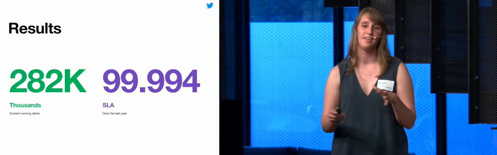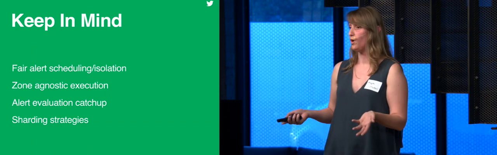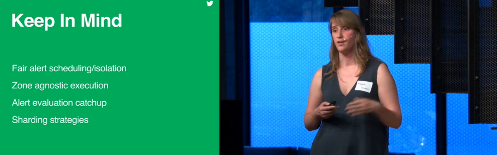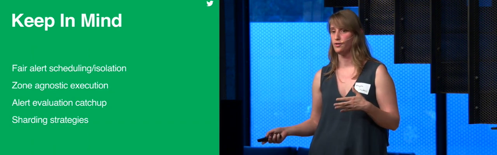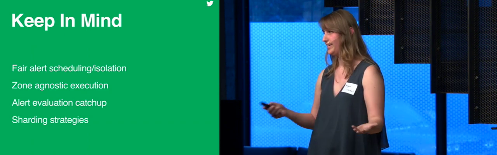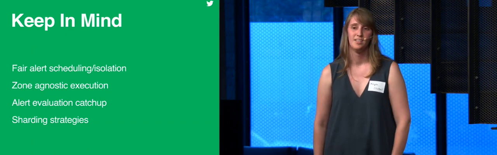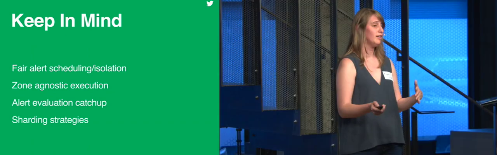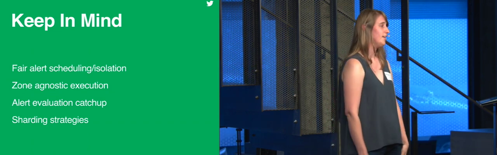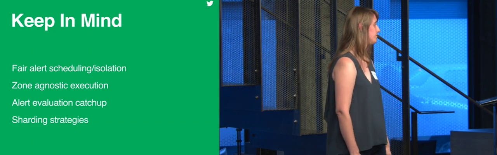Again, some things that you might want to keep in mind if you are writing an alerting system or considering which one you want to buy: making sure that the alerts are scheduled fairly, so that bad alerts aren't going to impact your alerts. Zone agnostic execution, so that zone failures don't impact you. Catch up of alert evaluations so that you're sure that you get the signal. And finally, sharding strategies for your cluster.